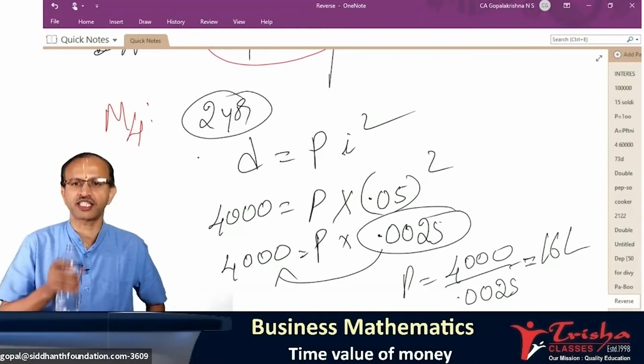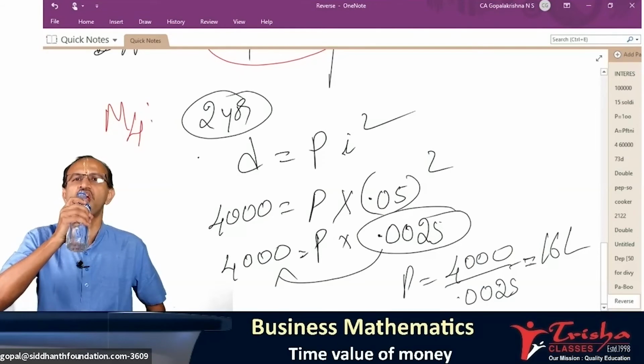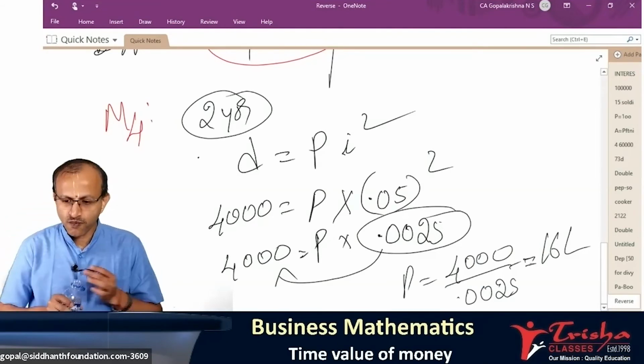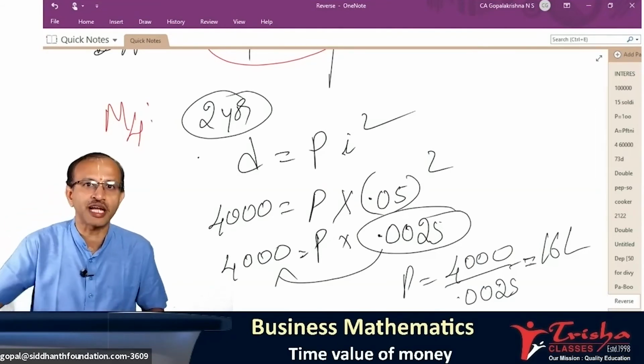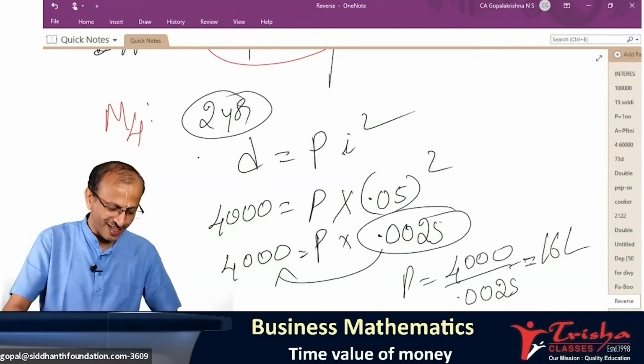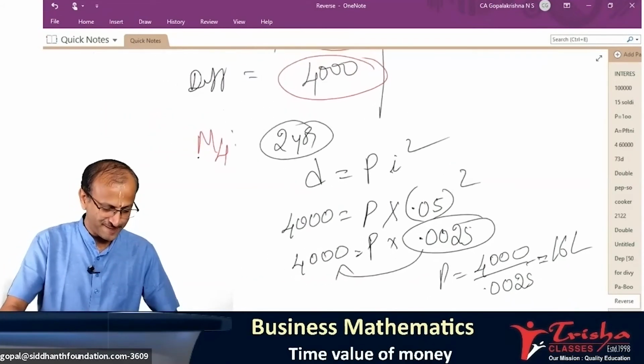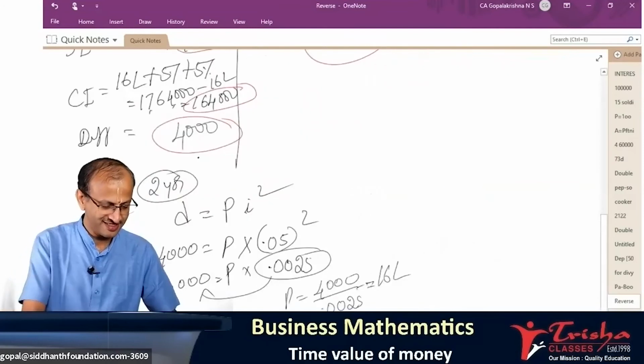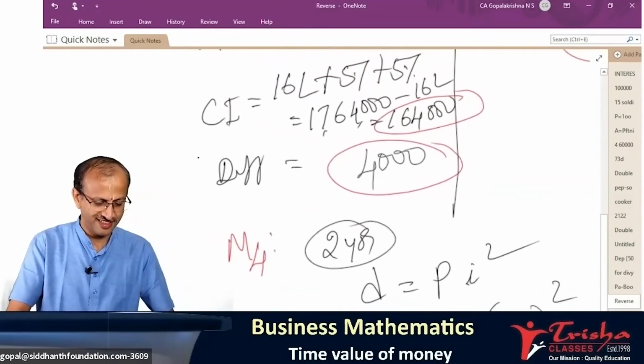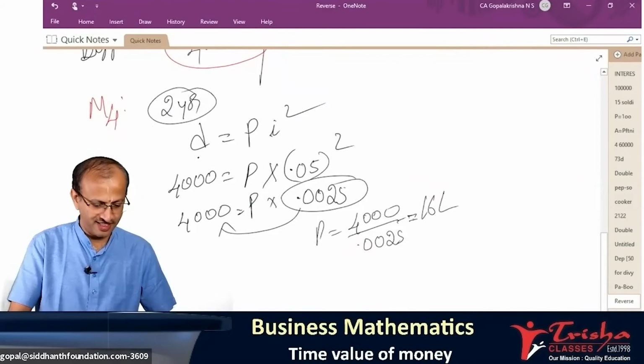Students, please take down all the 4 methods. It took so much time to write.